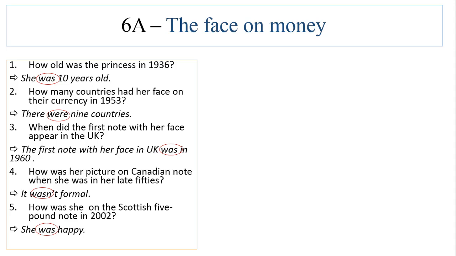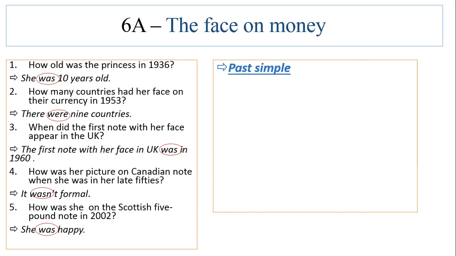Alright, can you tell me what tense they use to write these sentences? Correct. Very good. That is called past simple. Now I'd like you to spend about 2 minutes, based on the sentences and questions here, and write down what the formula for the past simple tense of to be is.